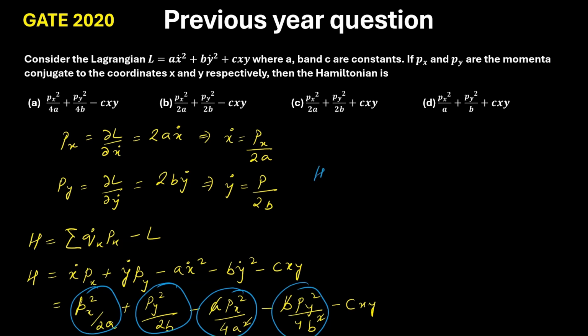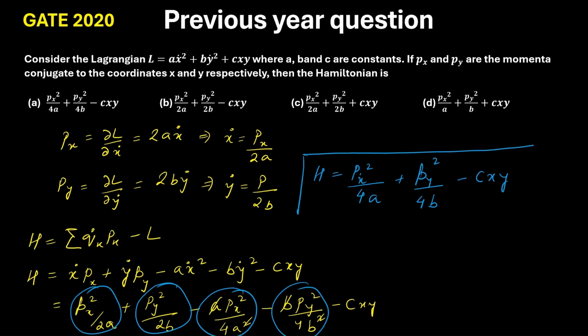On simplification we will get px square by 4a plus py square by 4b. Let me write it down properly. Then you have minus cxy. So this is the Hamiltonian. It is matching with option A.